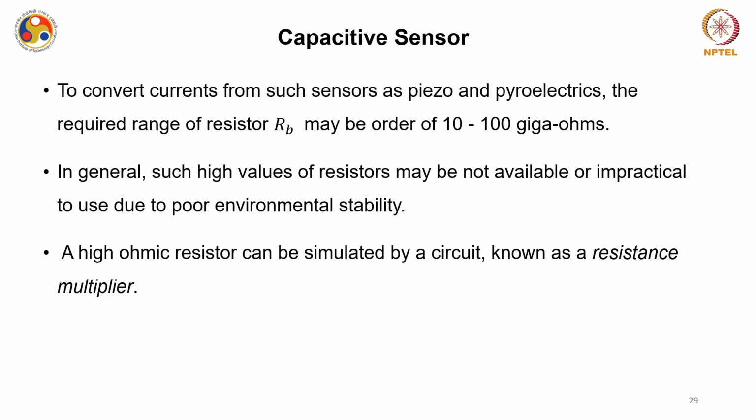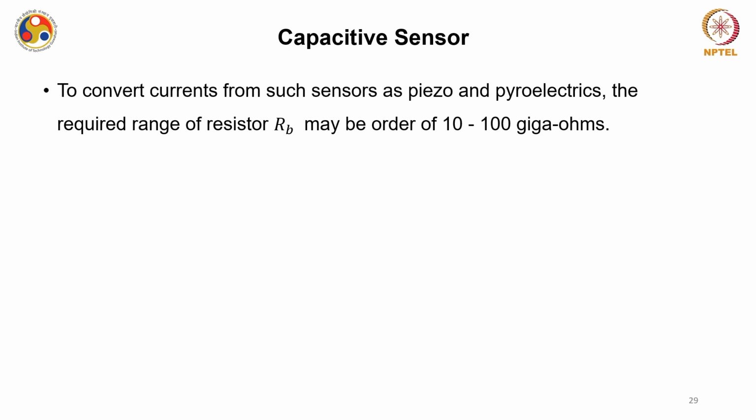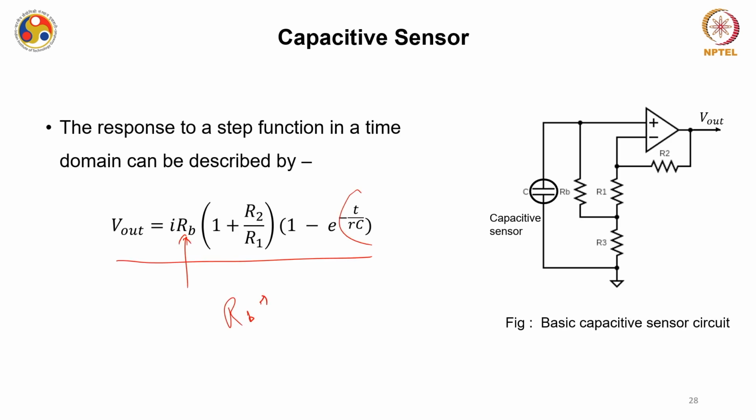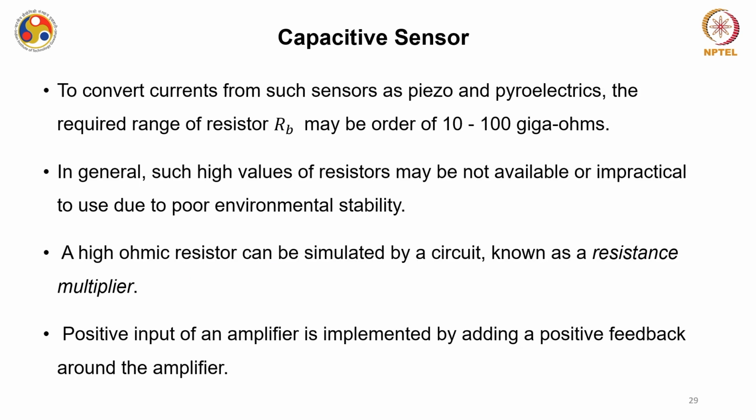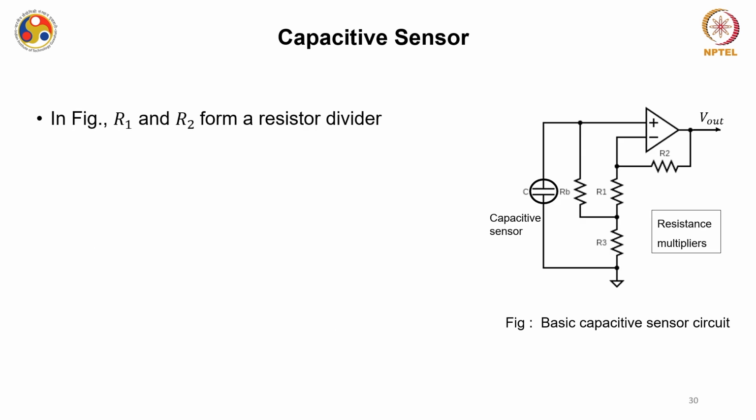So a high ohmic resistor can be simulated by a circuit known as a resistance multiplier. You can use this as a resistance multiplier, where this 1 plus R2 by R1 can be considered as a multiplier. The positive input of an amplifier is implemented by adding a positive feedback around the amplifier.